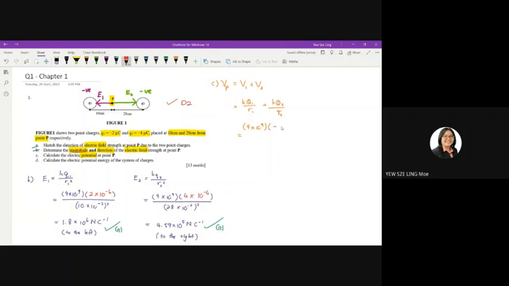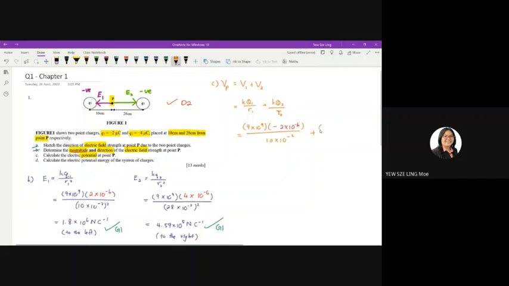So now it is negative 2 times 10 to the power of negative 6, over R, which is still 10 cm. The only difference between questions B and C is the sign convention, and of course the equation. But the main difference is the sign convention.